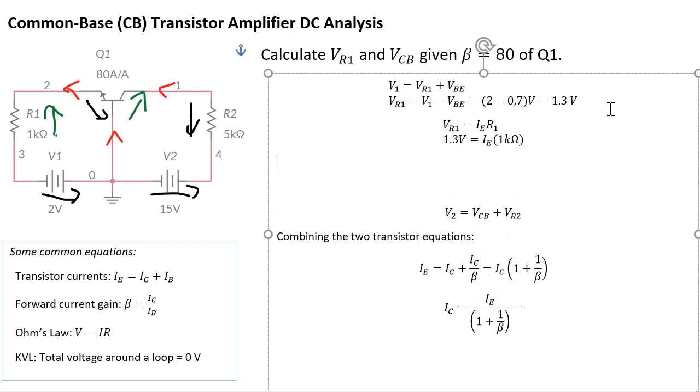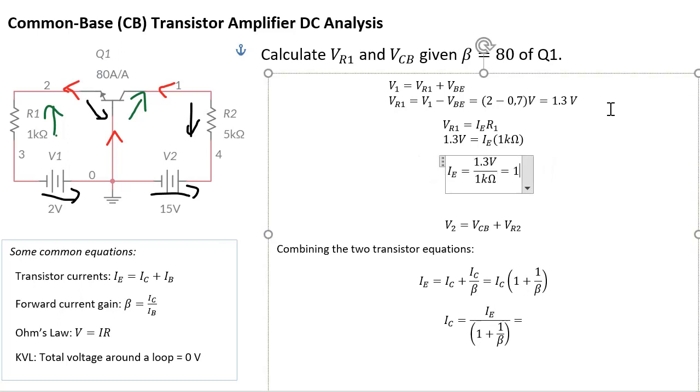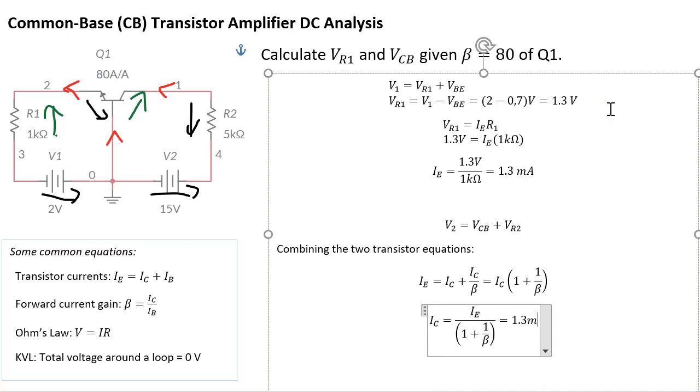So therefore, I can write IE is simply 1.3 divided by 1 kilo ohm, which is going to be equal to 1.3 milliamps. So now I got IE there. Now I can write here: 1.3 milliamps divided by 1 plus 1 over 80.